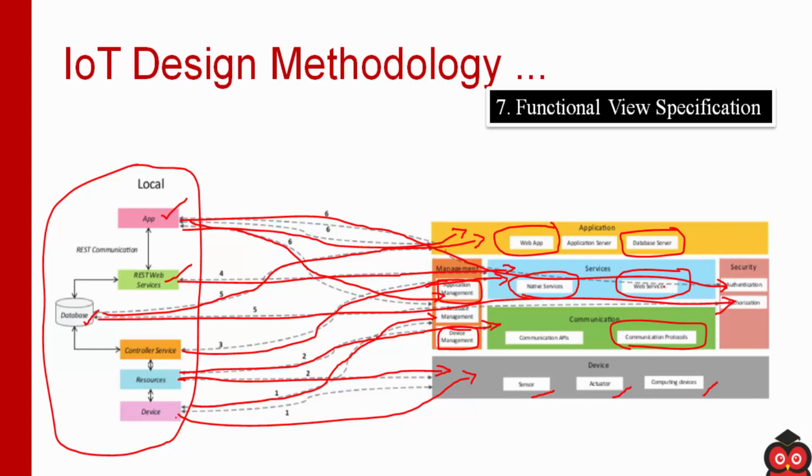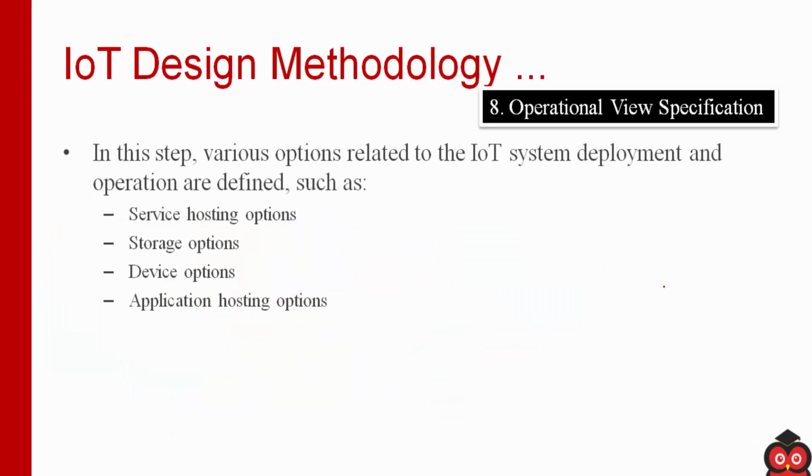And then we arrive at step number 8, which is operational view specification. So by step 7 we will have all the information: what are the services we will be developing, and whether a database is needed or not. Either we are creating a web application or a desktop application, so you know everything.